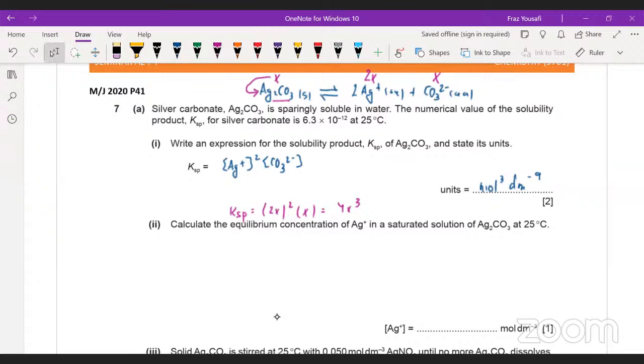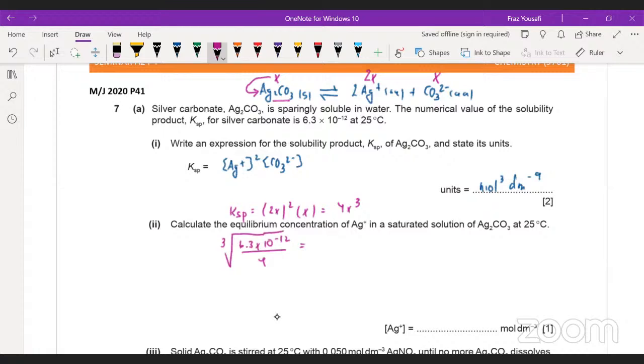So in order to solve for, again, x, it would be the cube root of your KSP, which is 6.3 times 10 to the negative 12, all divided by 4.